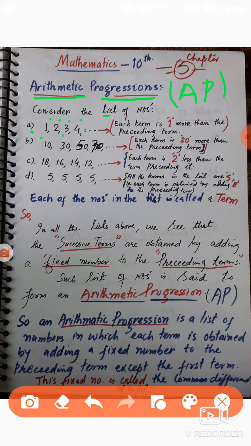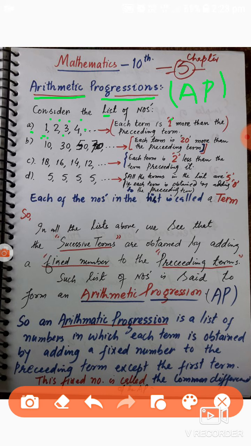Now we will see that every succeeding term is obtained by adding 1 to the preceding term. Here we see that each term is 1 more than the preceding term.